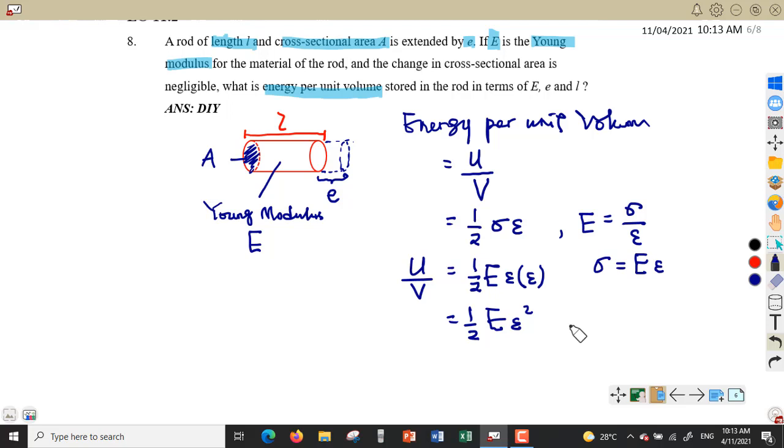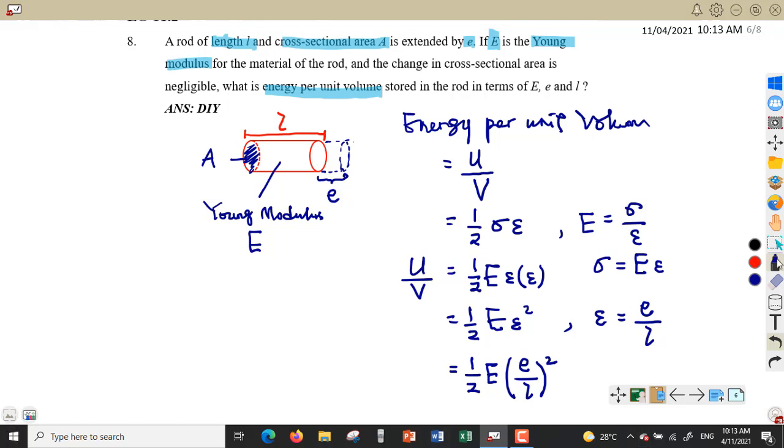We know that strain is extension over original length. The original length in this question uses the symbol L. So I put it in half E, where the strain will be extension over original length, squared.